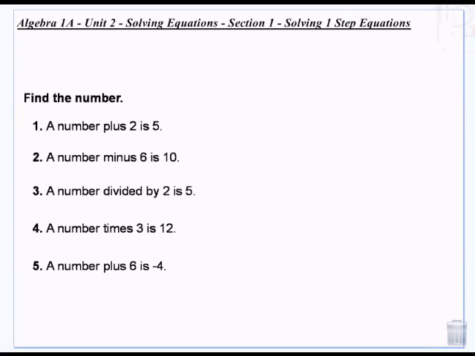The first thing I want to talk about in solving equations is variables. A variable is a placeholder for an unknown number. It represents the unknown number.